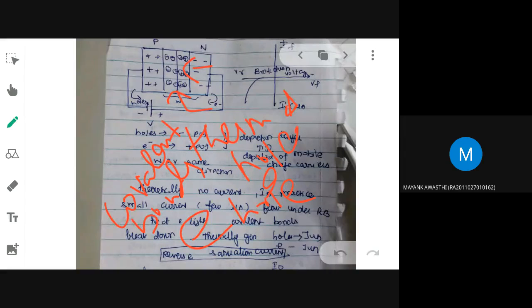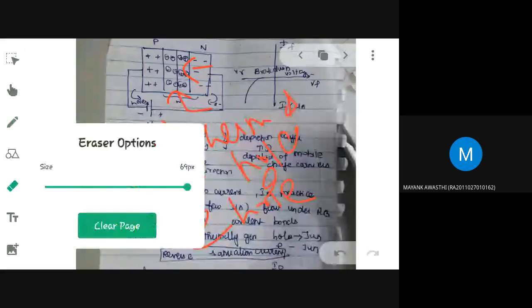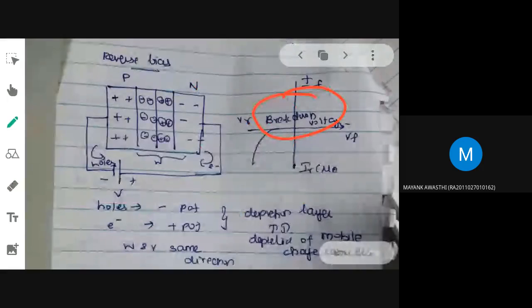Again the freed electrons and holes will hit another covalent bond and release some more electron-hole pairs. This action will happen like a chain reaction, addition and addition and addition. So finally what will happen is a breakdown, and that breakdown is called avalanche breakdown.